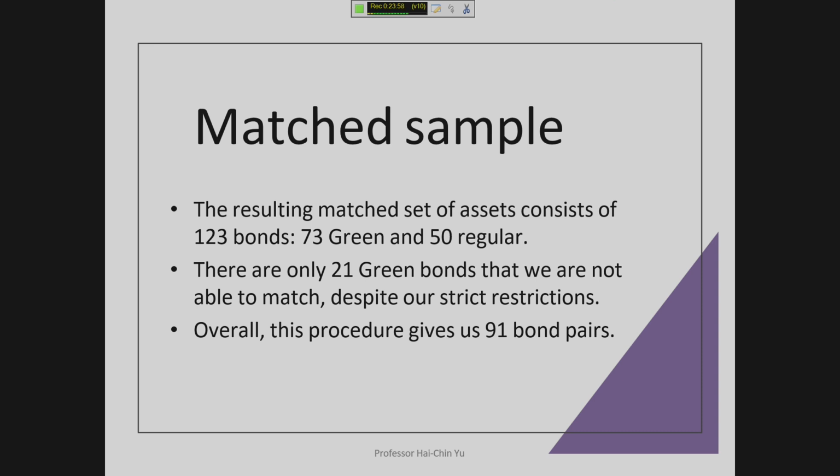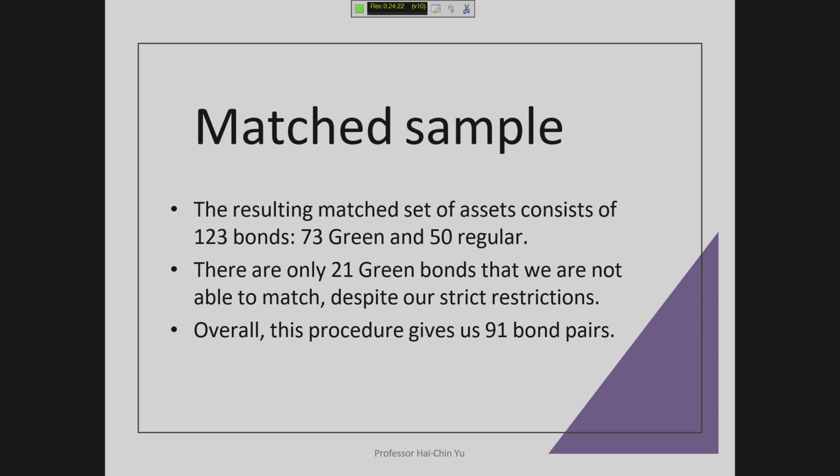But other than that, they pick very few matching samples that satisfy the criteria. So only 91 bond pairs. This observation simultaneously issues green bonds and regular bonds.